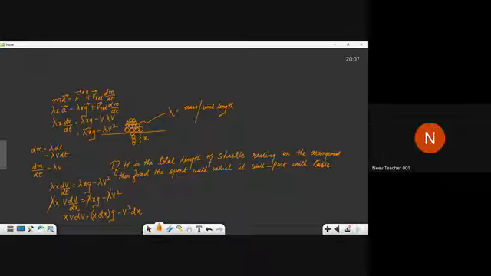Which gets us v square dx plus xv dv is equal to gx dx.